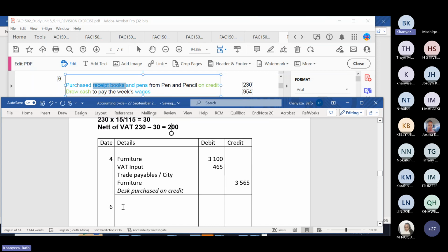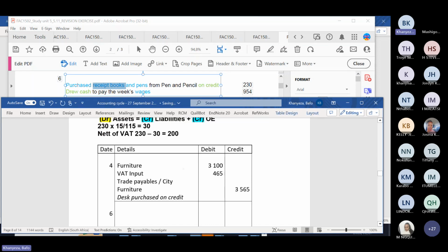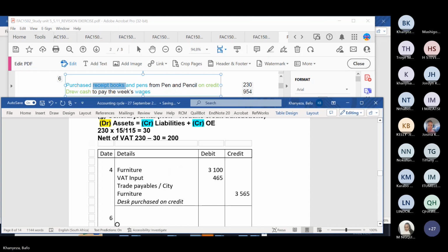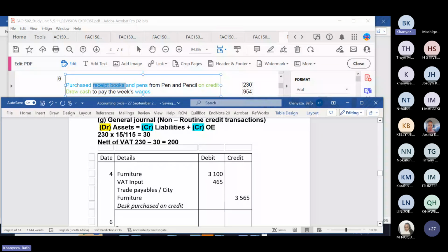So let's do the journals. The first one is on credit. Remember, it's back to the accounting equation again. Debit assets. Is this payment for stationery an asset? No, not an asset yet. It's an expense, and an expense is a reduction of the owner's wealth, so we have to debit it.